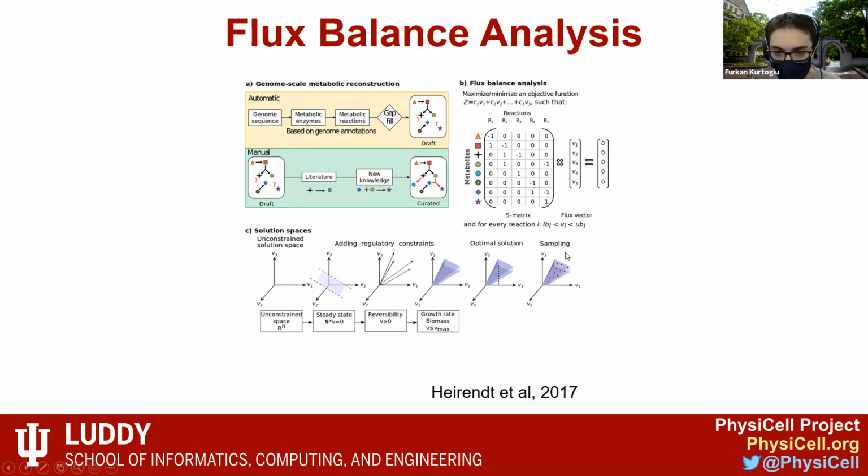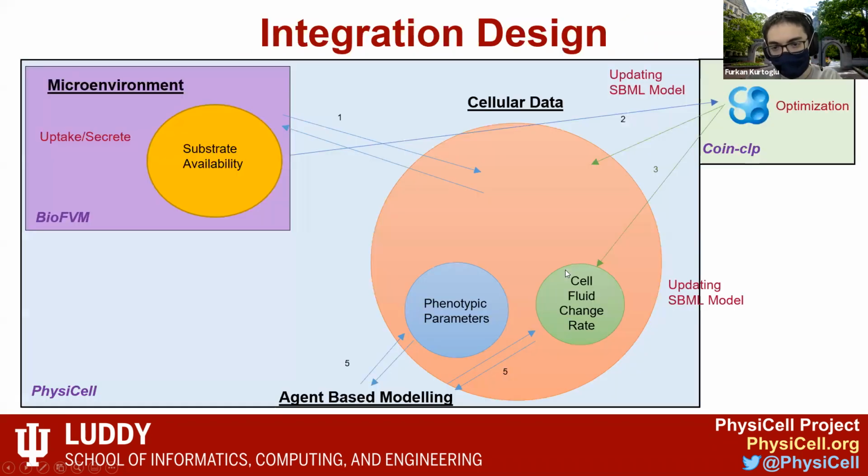So based on this solution space, all solutions can be there, and then they are putting some constraints, maybe thermodynamically, or maybe biologically, and they are making the sample space smaller and smaller, and then they are looking for one objective function, which is mostly the biomass reaction rate, maximizing the biomass reaction rate, and then they are choosing.